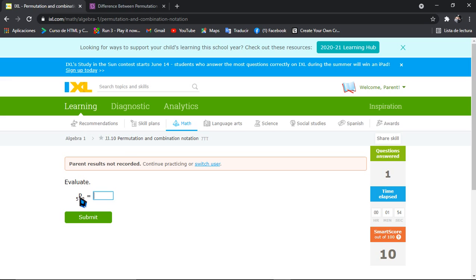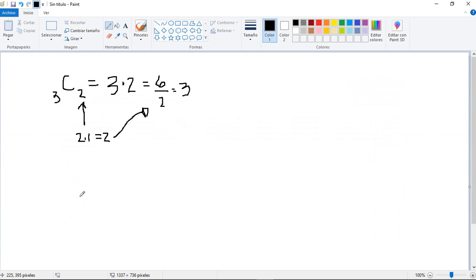As I told you, there is a difference between a permutation and combination. With combination, we need to do first the permutation, and then we need to divide by the factorial of the smallest number. Okay, in permutation, we don't need to divide.